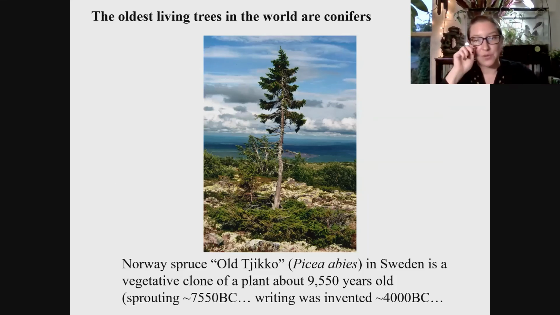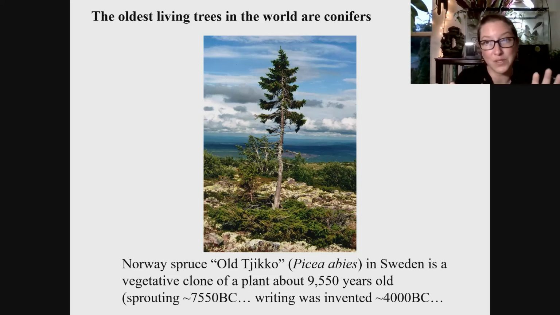And so scientists have used DNA to determine that this plant here, which is called Old Tjikko, I think that's how you say that, in Sweden, is a clone of a plant that started almost 10,000 years ago. So like there was a plant almost 10,000 years ago, and it made a clone of itself, and then that plant made a clone of itself, etc., such that we still have this one today, almost 10,000 years old.